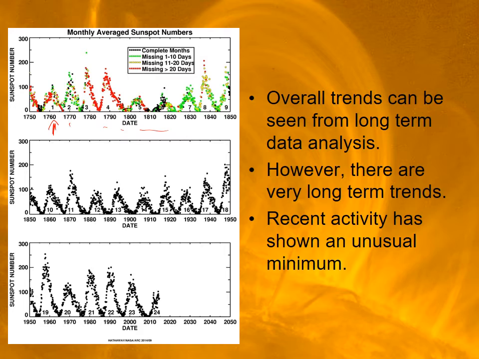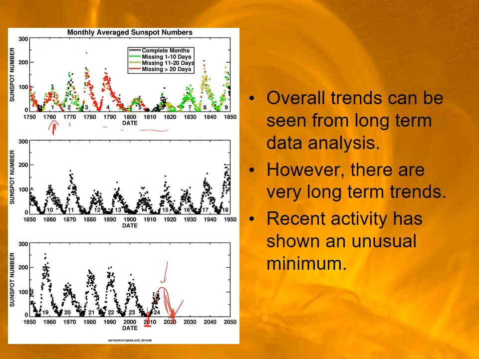Obviously, cycle 1 was not the very first cycle that happened. We've recently ended the 24th cycle, and right now we're at the bottom here, just about to start the 25th cycle. We are in a deep minimum. There's a really deep minimum between the 23rd cycle and the 24th cycle, and that has been one of the deepest minima we've seen in hundreds of years.